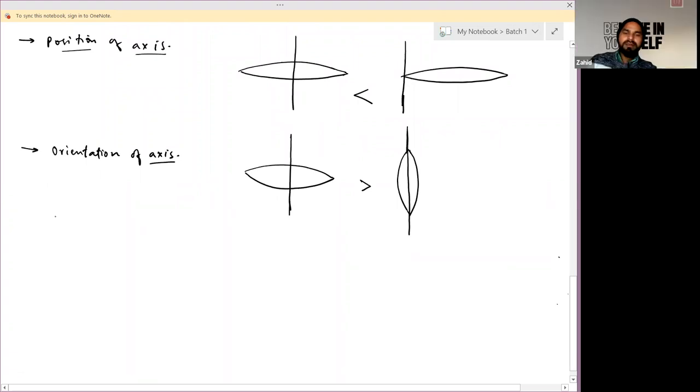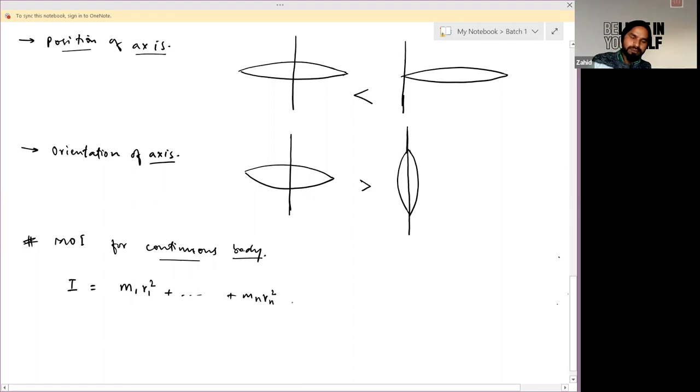Now, the next term is moment of inertia for continuous body. As we have moment of inertia equal to m1 r1 square plus so on to mn rn square, we may write it as summation of mi ri square.